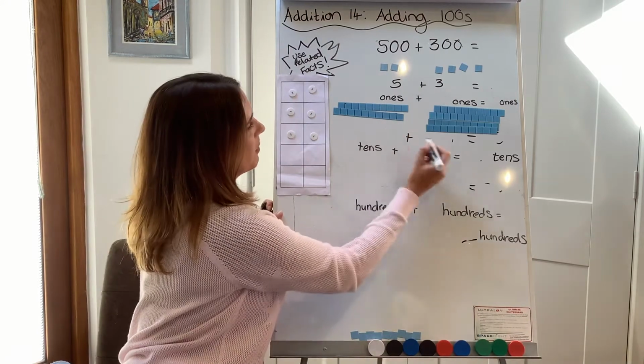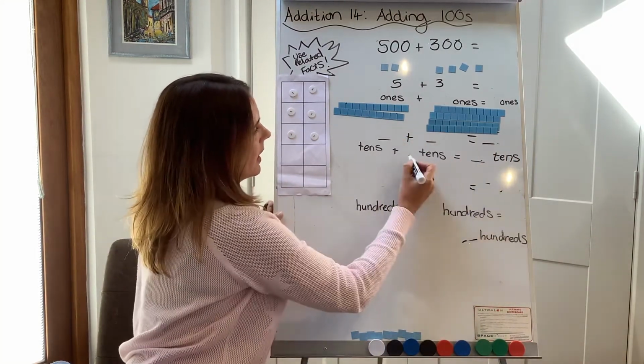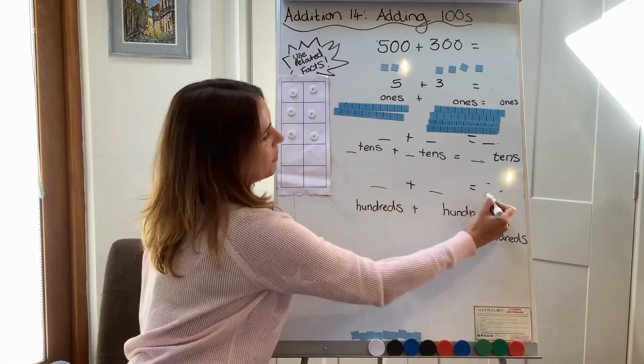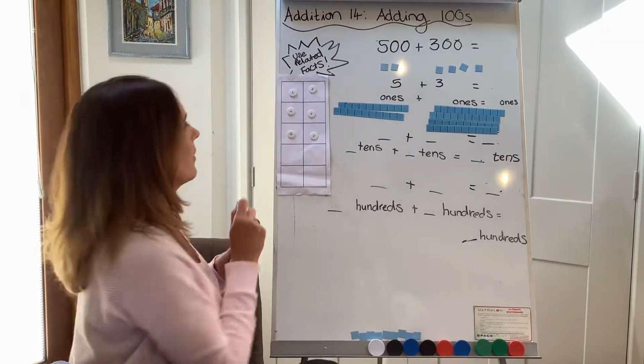So I want you to think about what you're going to do here and here and here and here to help you to work out this number using 5 and 3.